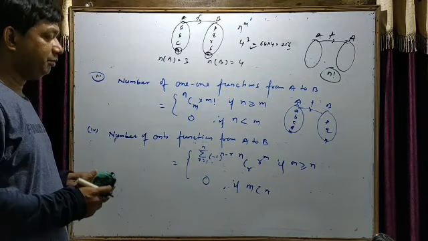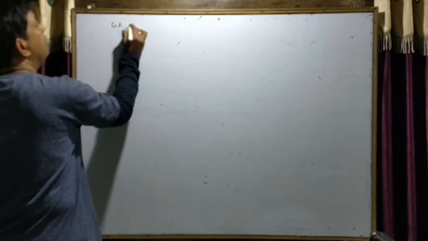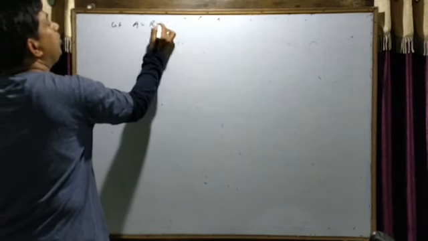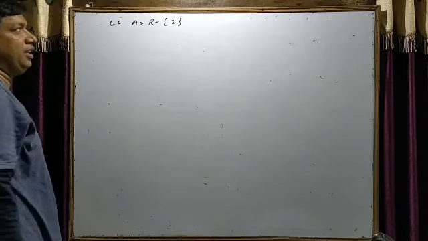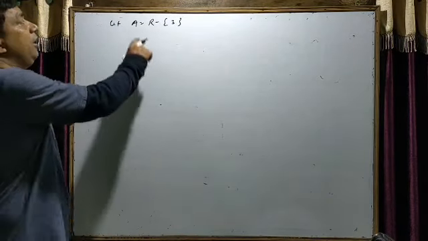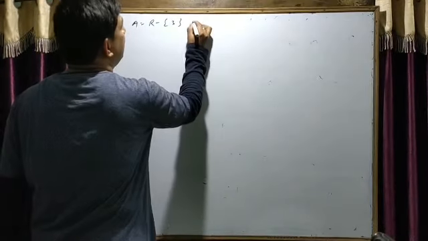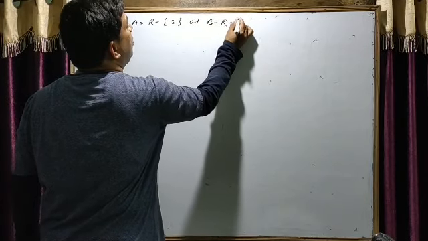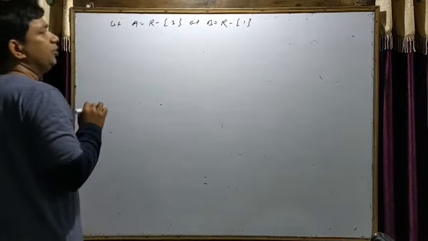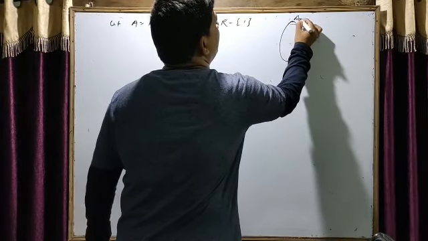And now some more questions related to functions. Let A equal R minus 3. One set is there. In that set, the real numbers except 3, and B is a set which is R minus 1.